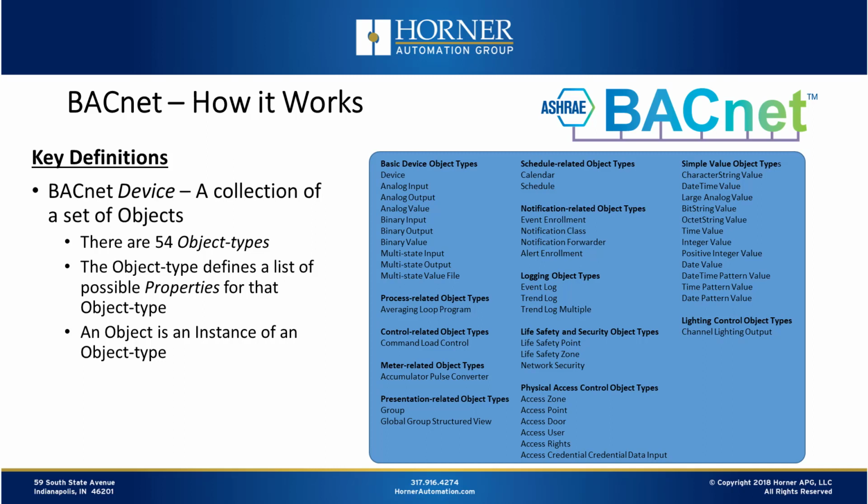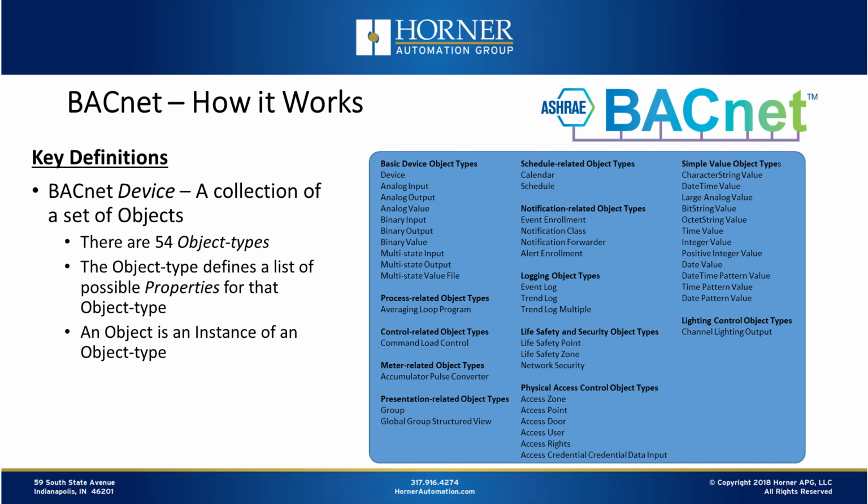What is a device? Well, a BACnet device is a collection of a set of objects. And one thing that BACnet has really done is they have identified and defined a whole slew of objects. So that blue table to the right there on that slide is showing, as of the 2012 spec, the 54 different object types that were predefined.